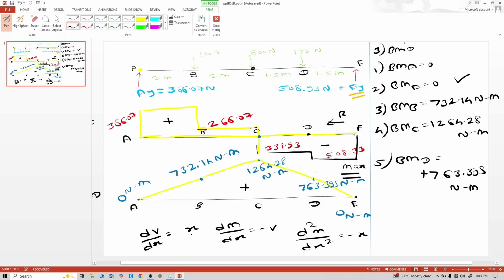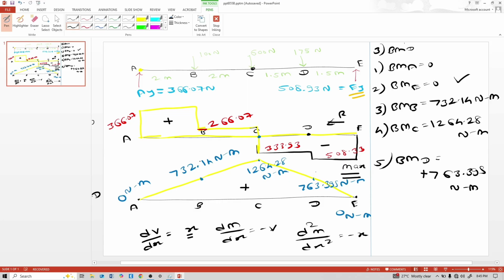So this w is the loading. w constant, dV by dx constant, and V is linear. That's why this is a horizontal line.